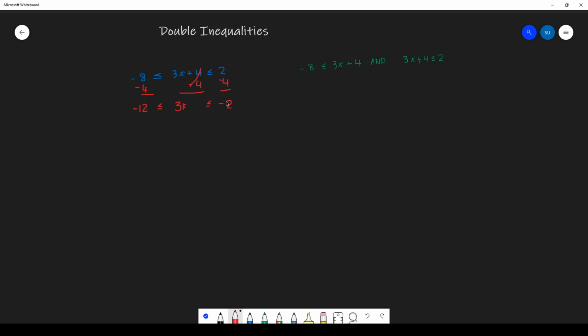The next step is to divide by 3, because remember we are isolating x. So 3 gets eliminated, and this becomes negative 4.